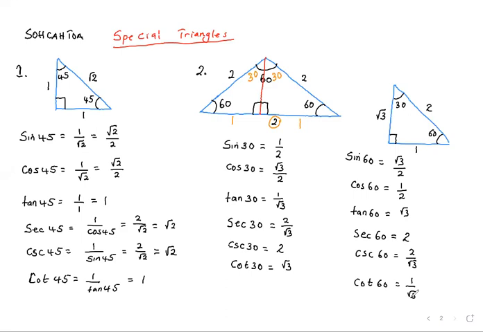If we go back to, in any of these, sine 90, sine is opposite over hypotenuse. So 2 is the opposite of 90, with the same being the hypotenuse, so we get 1.